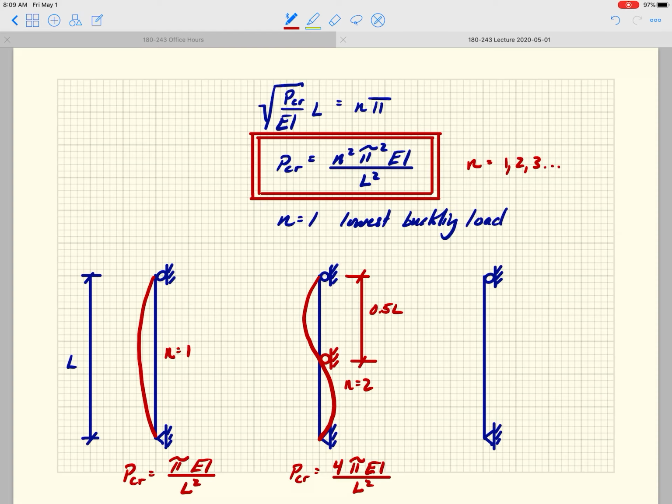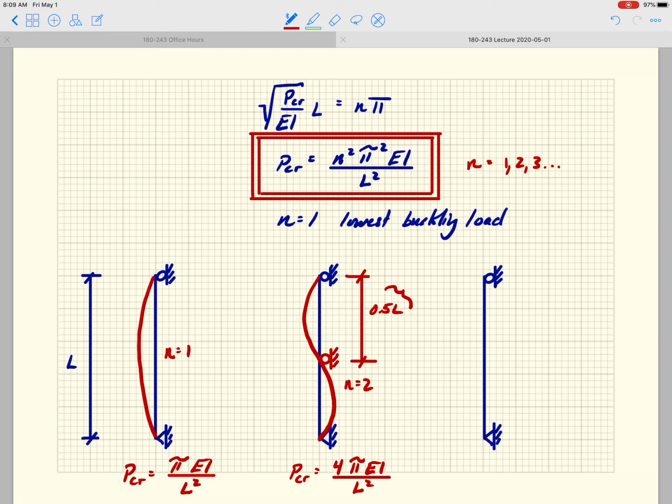So there are 2 ways to consider this. n equals 2, and that gives me that 4 out top. The other way to think about it is n equals 1, but this is the new length.